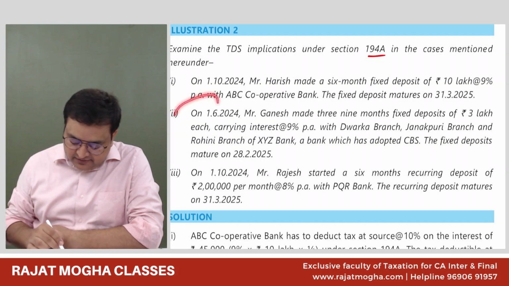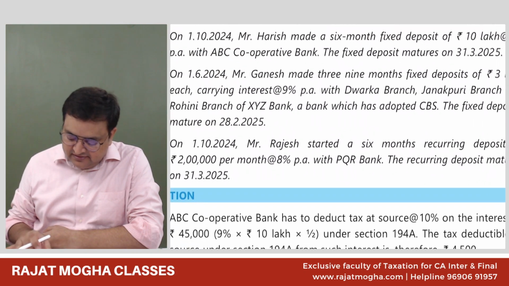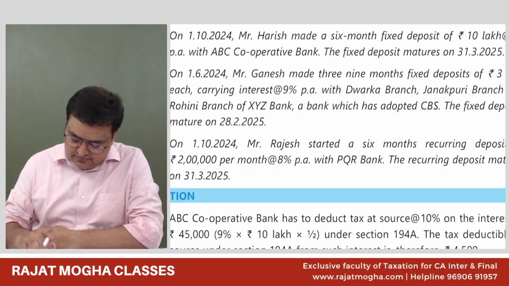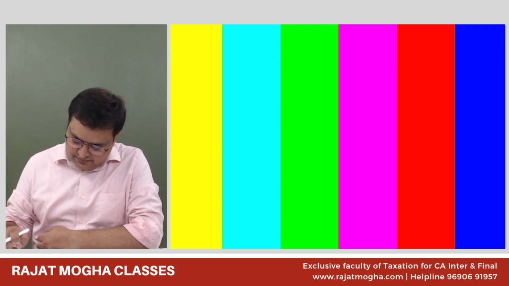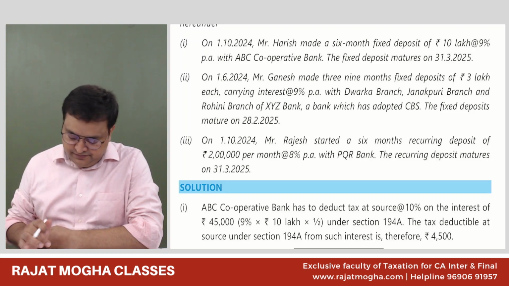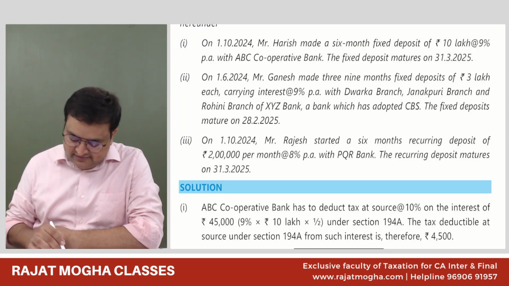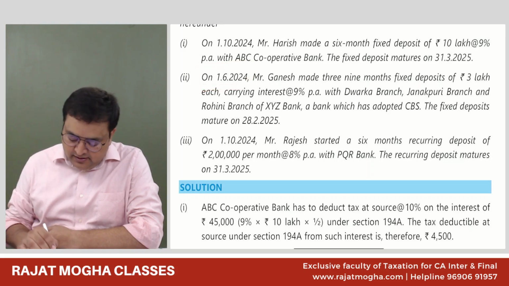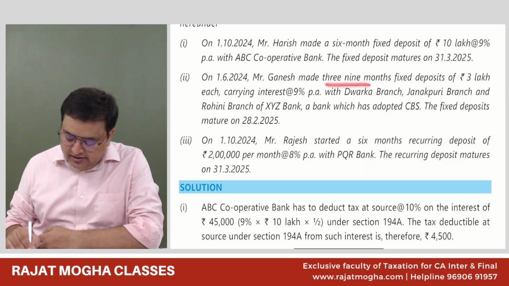Second part says on 1/6/2024, Ganesh made 3 fixed deposits of 9 months.